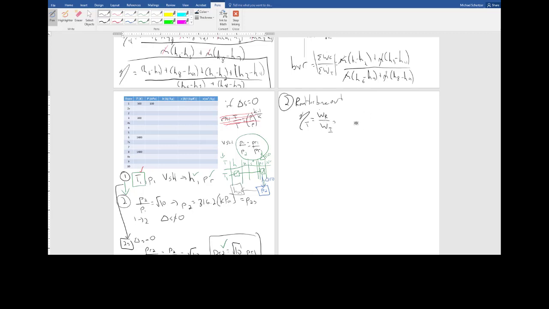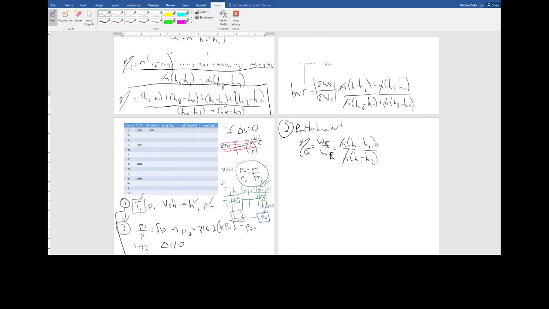Oh, this is a compressor, I'm sorry. And because it's a compressor, it's the ideal over the real. So this is going to be m dot times H1 minus H2S divided by m dot times H1 minus H2. The mass flow rates cancel.